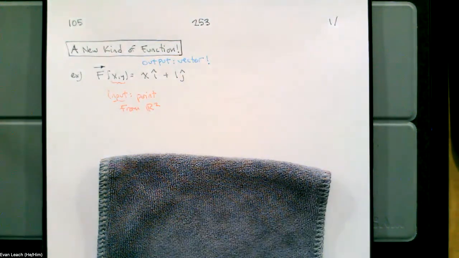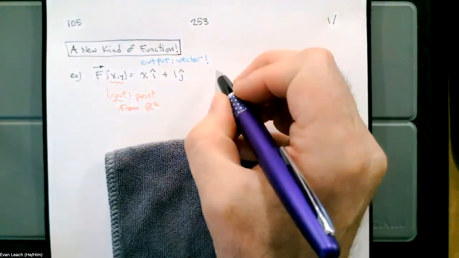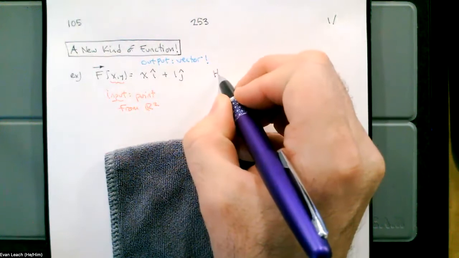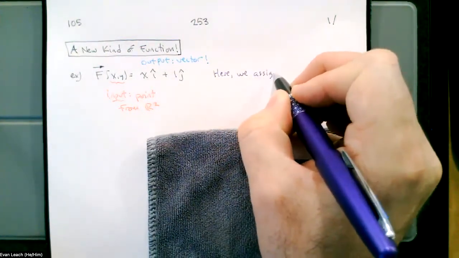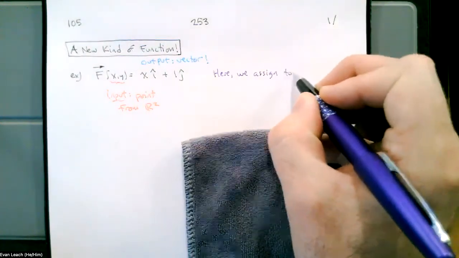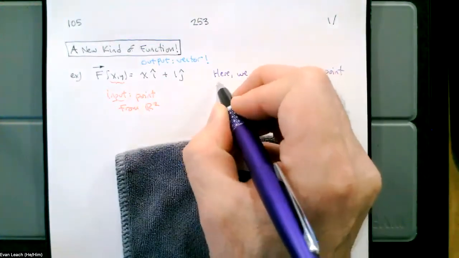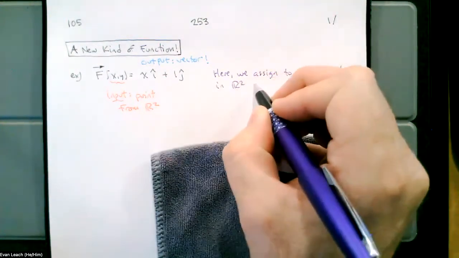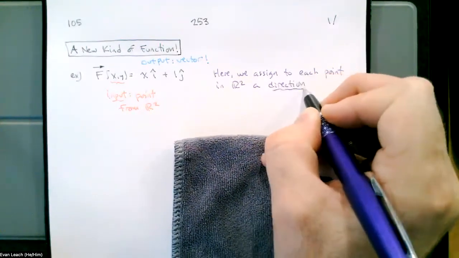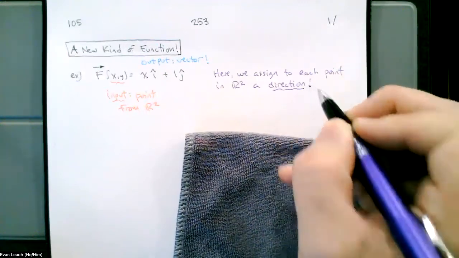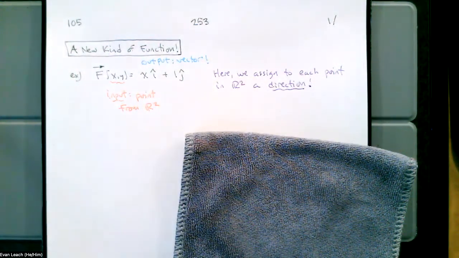So this function assigns a direction to each point in R2. Not just a direction, an entire vector.